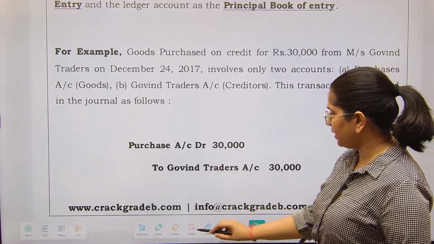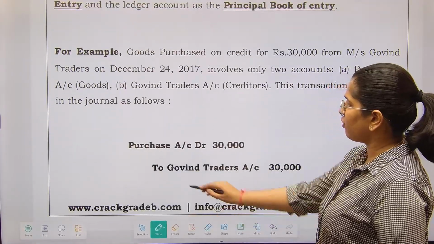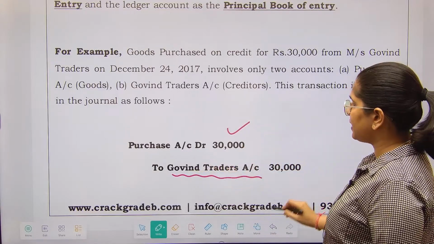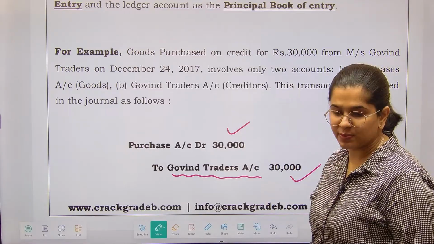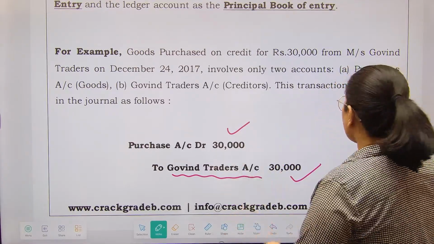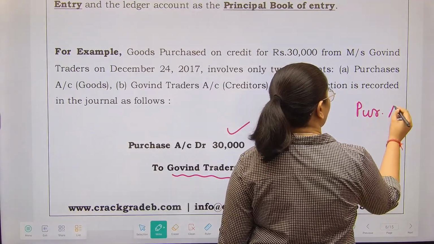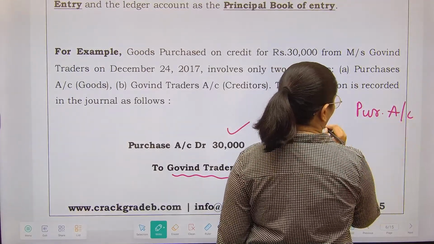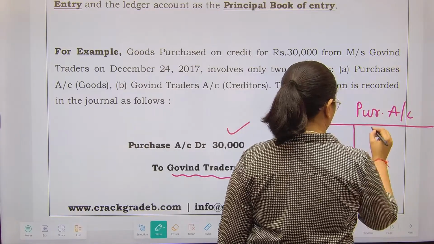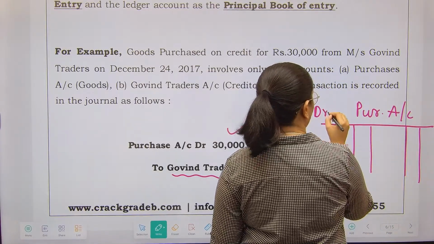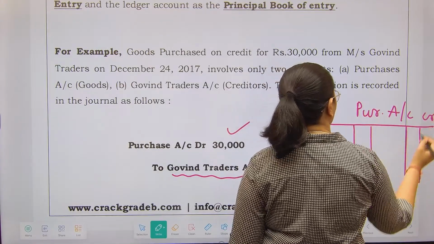The example is really clear. You have purchased something from Govind Traders on credit. So purchases has been debited, Govind Traders has been credited. Now if I prepare the ledger of the purchase account, I will show a statement where all the debits will come here and all the credits will come here.